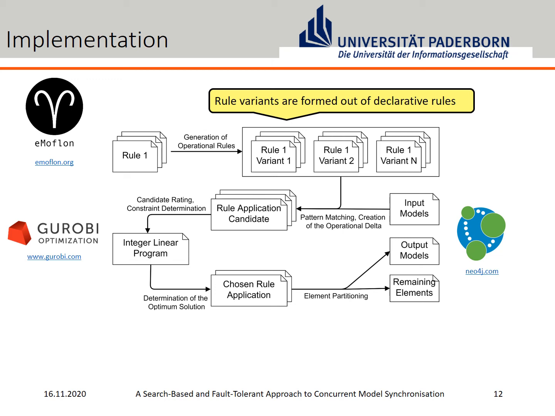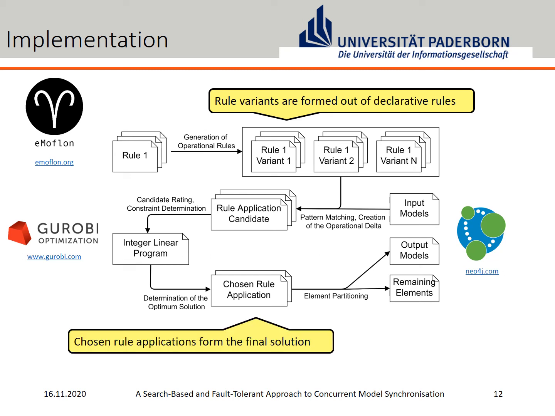Rule application candidates are then collected by graph queries, and ratings and interdependencies between rule applications are computed to form the integer linear program. An optimum solution is determined by the ILP solver Gurobi, whereas adapters for other ILP and SAT solvers are implemented as well. The optimum solution that is returned by the ILP solver indicates which subset of rule applications is taken to form the synchronized triple in the final step.